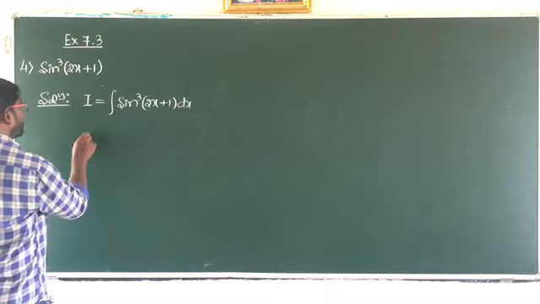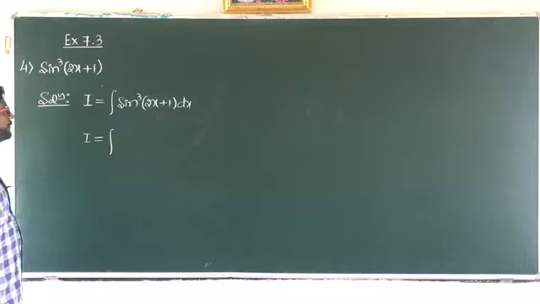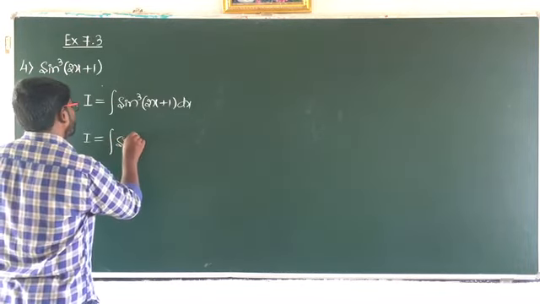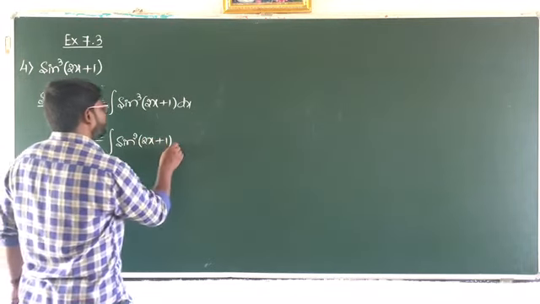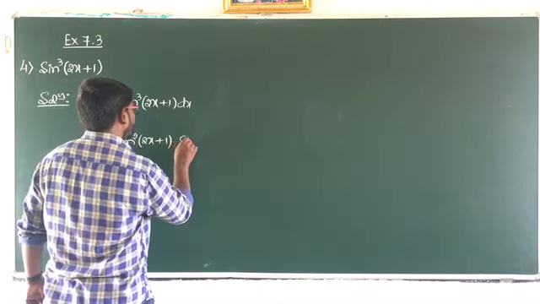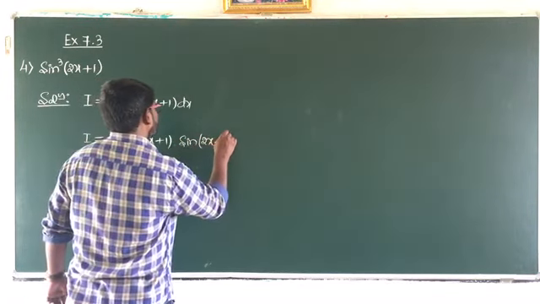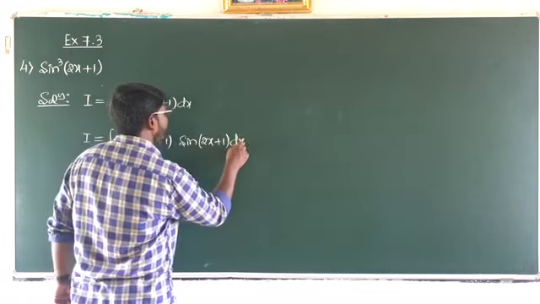So now I, which is equals to integral sin cube 2x plus 1 can be written as sin square 2x plus 1 into sin of 2x plus 1 dx.